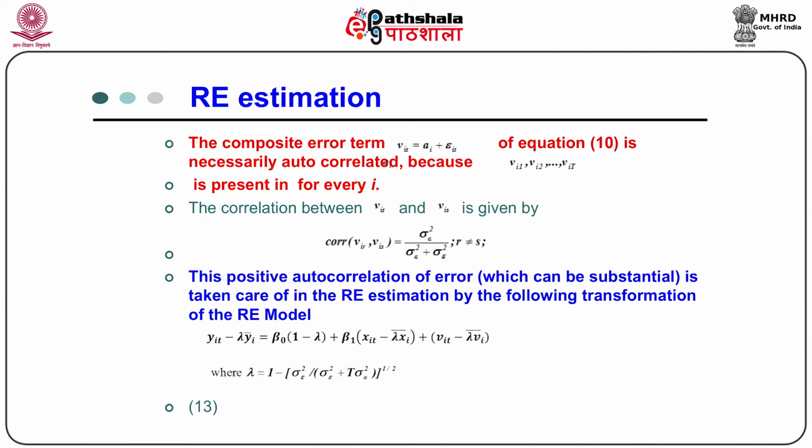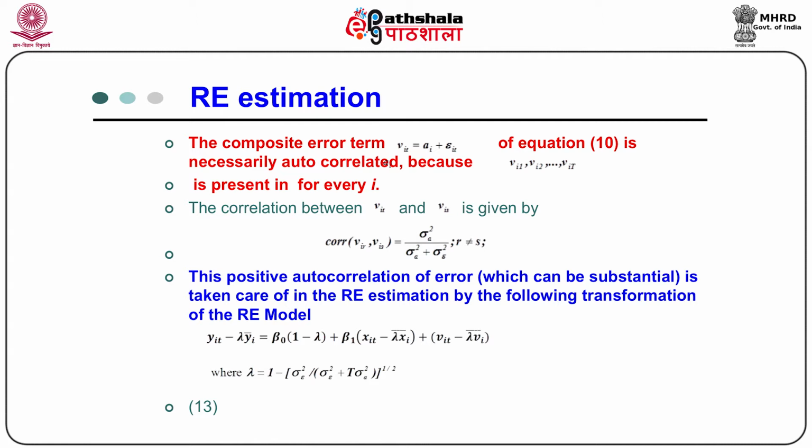Now, in order to visualize the random effect estimation process, let us first note that the composite error term v_it equal to a_i plus epsilon_it of equation 10 is necessarily autocorrelated, because a_i is present in v_i1 up to v_iT for every i.